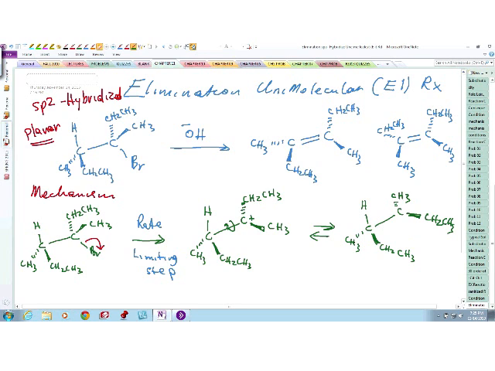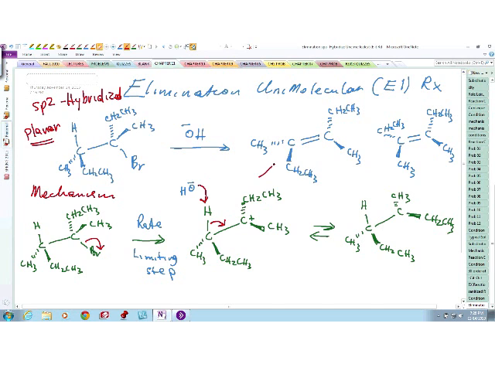Now see what is going to happen. If the base now comes in, pulls this one off, and this goes here, see what you get?